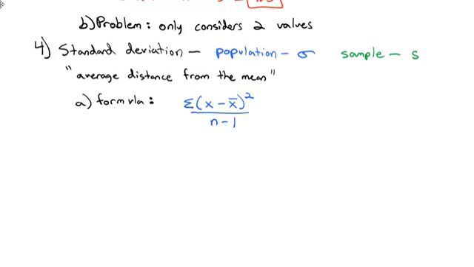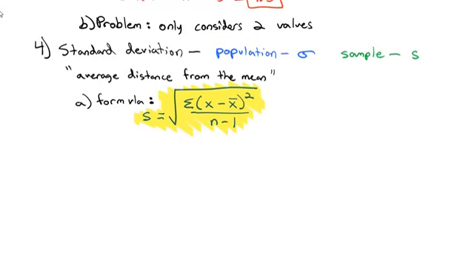The problem that we still have, though, is we squared everything, so it's not really a true average. So to undo the square, we'll take the square root at the end of our formula, and we will say S is equal to that square root. And that is going to be an important formula for us in this course.